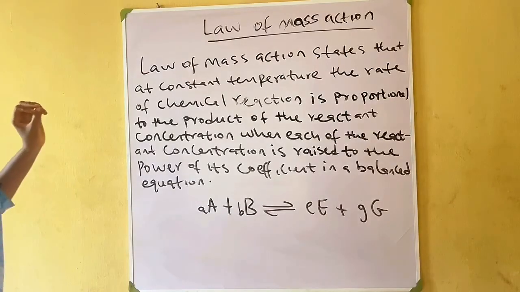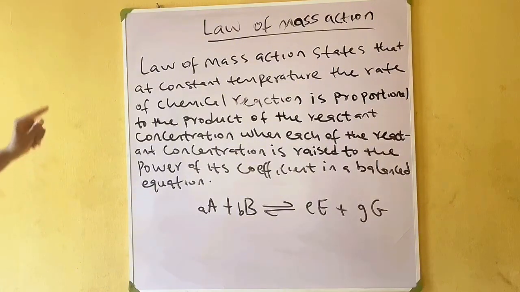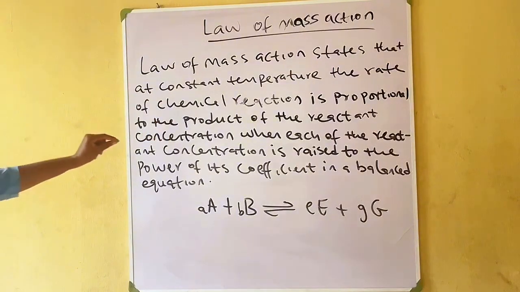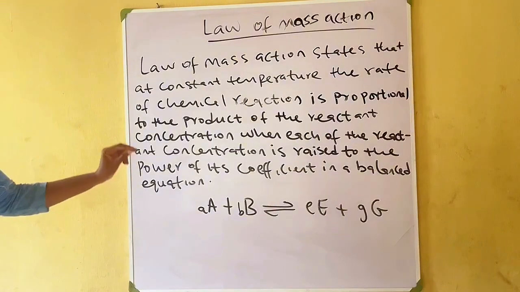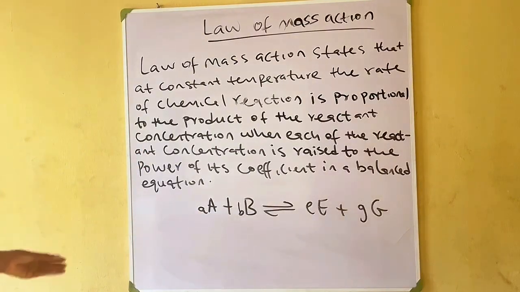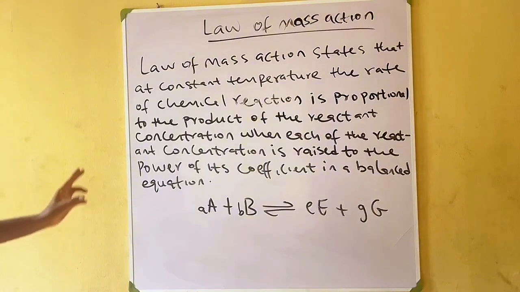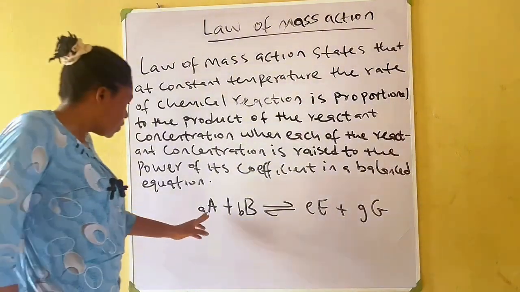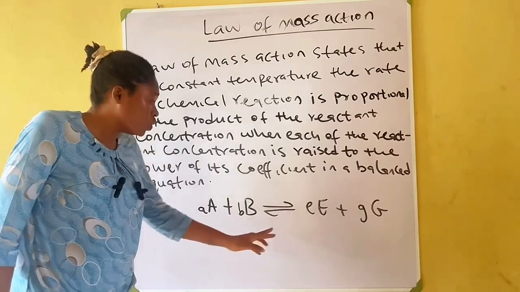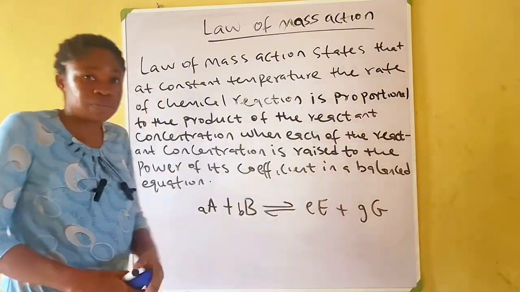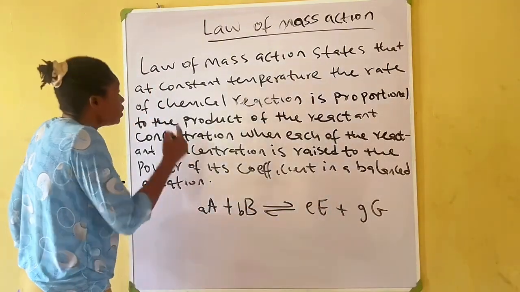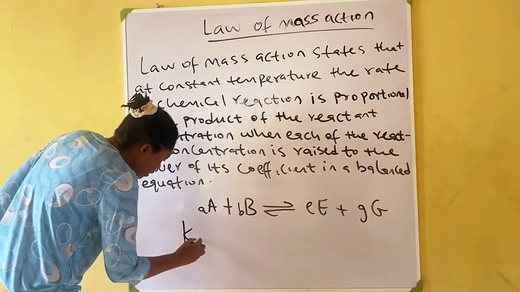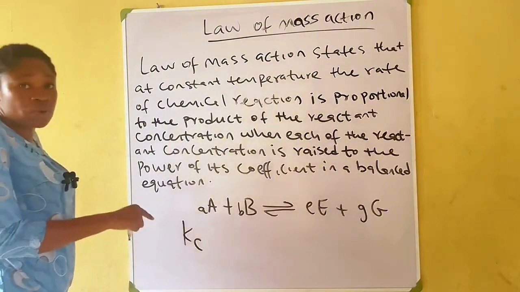The law of mass action states that at constant temperature, the rate of a chemical reaction is proportional to the product of the reactant concentrations, when each reactant concentration is raised to the power of its coefficient in a balanced equation. Let's consider this reaction: aA reacting with bB to give eE plus gG. Applying this law of mass action, K signifies the equilibrium constant.